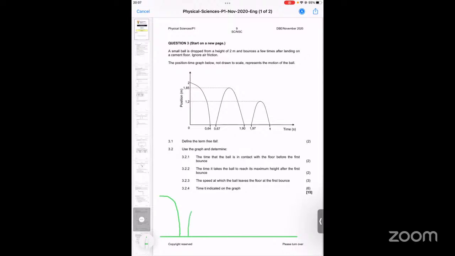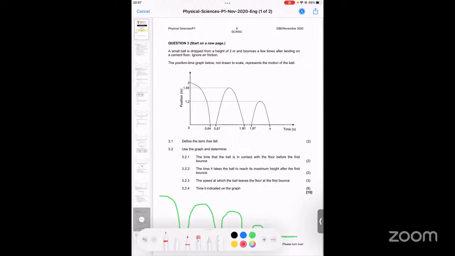And as it bounces back, it won't go back to its original height. It will definitely be below. And then still go back, but the height keeps on decreasing until it no longer bounces.